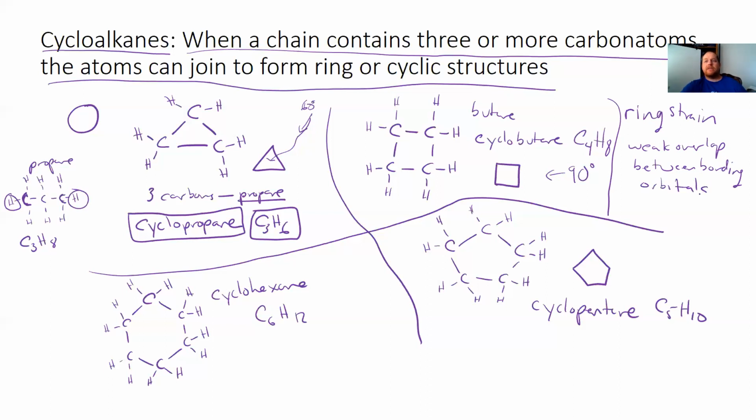At least you have that until you get to cyclopentane. There's less ring strain there. And then in cyclohexane, it turns out that cyclohexane adjusts its shape in such a way as to minimize any potential ring strain also.